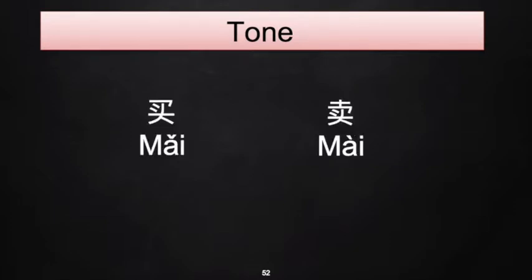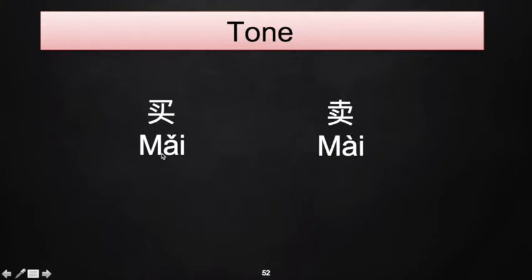Both have the same initials and finals. Both initials are m and the finals are ai. When you combine them together, you're going to say mai. But they both have different tones. This character, the tone is the third tone, and this one, the tone is the fourth tone.